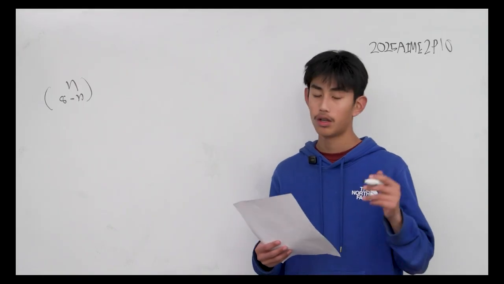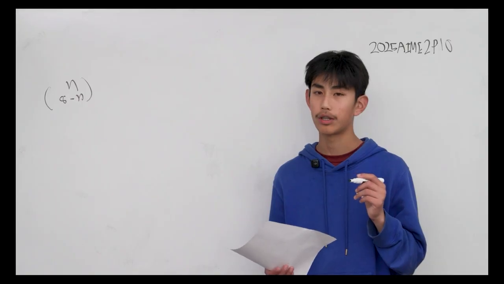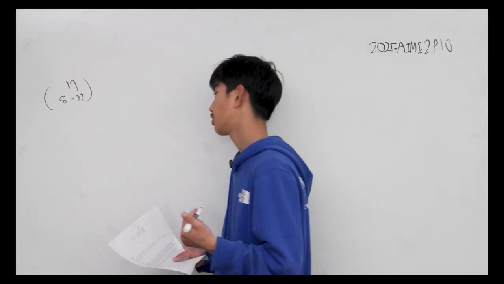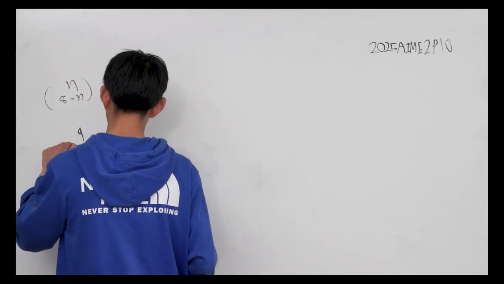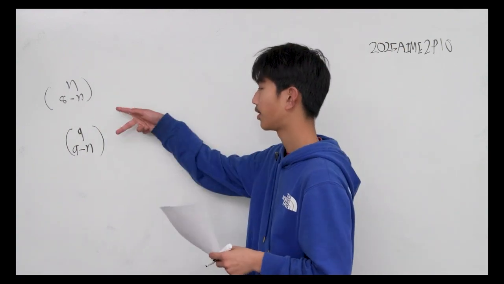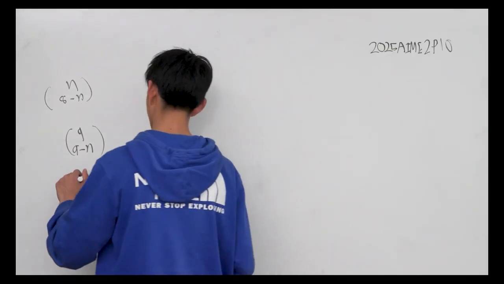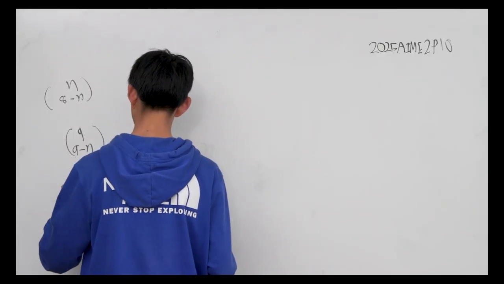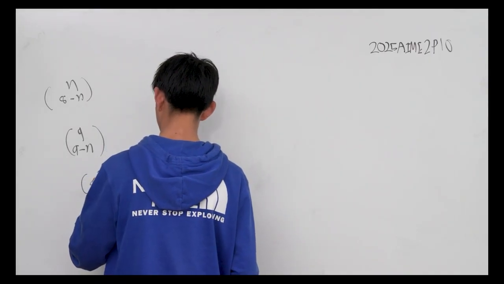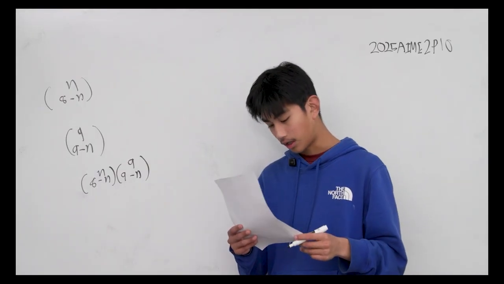So if you have 9 minus n people and n plus 1 spots to fill, then the number of ways to do that using stars and bars would be 9 choose 9 minus n ways. Therefore, the total number of arrangements is these two multiplied. So we want the sum of 9 choose 8 minus n times 9 choose 9 minus n. We want to find the sum of these.